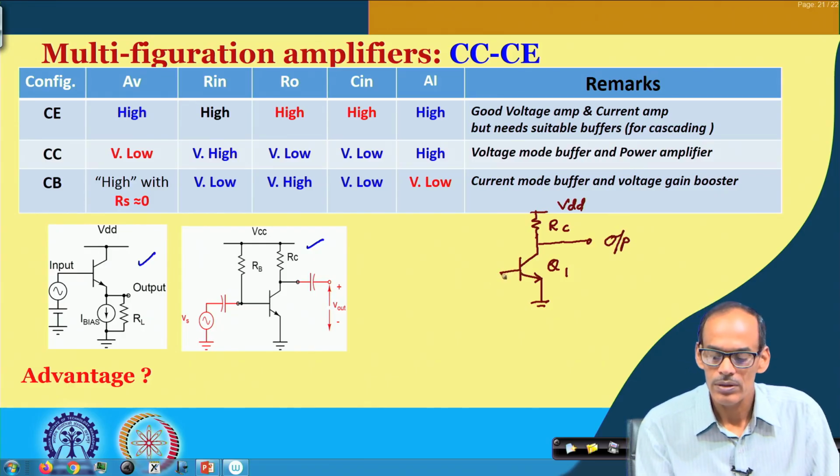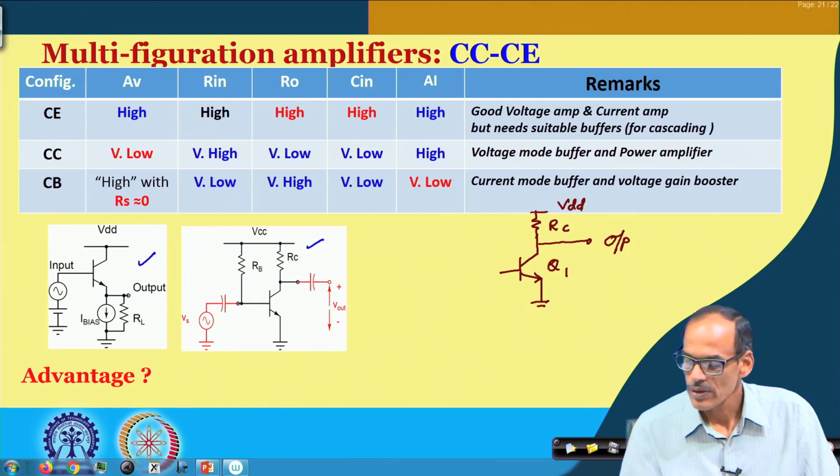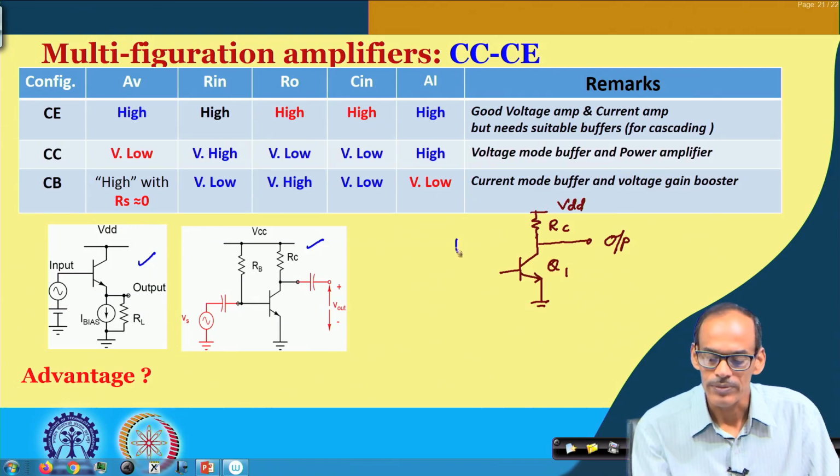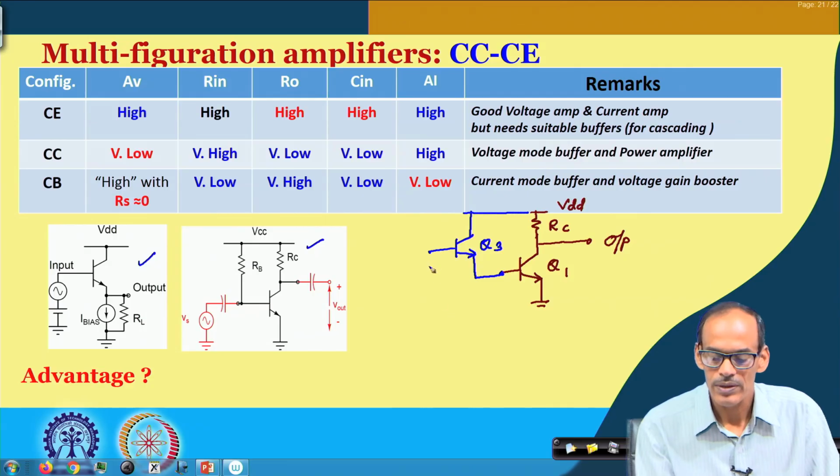Then let me call this Q3, connected to VDD. So this is the CC stage, and the input we are directly putting here.